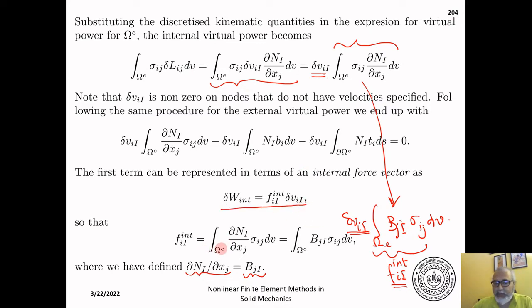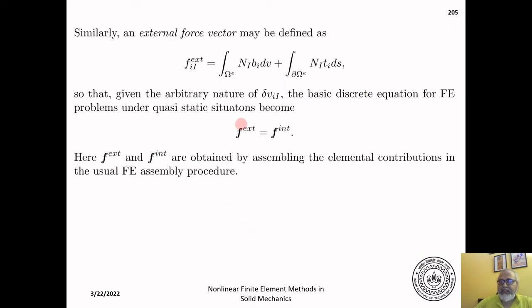We do the same thing to the external virtual work. So the external virtual work, remember, was b dot delta v, and here I can write it as bi delta vi.